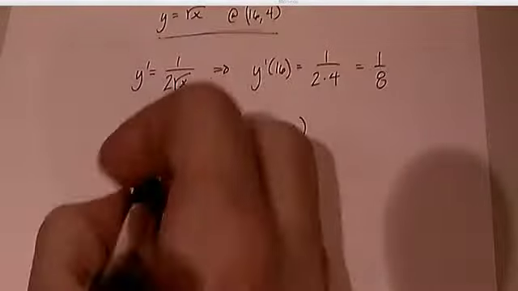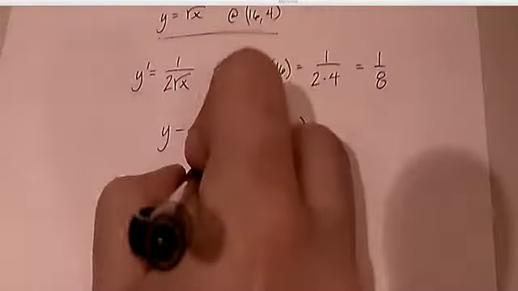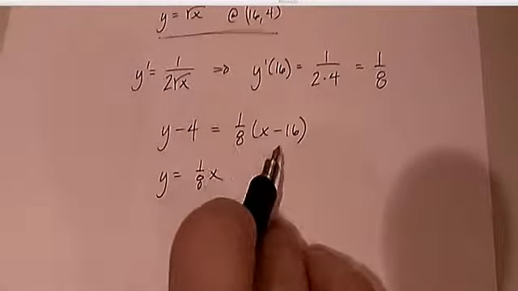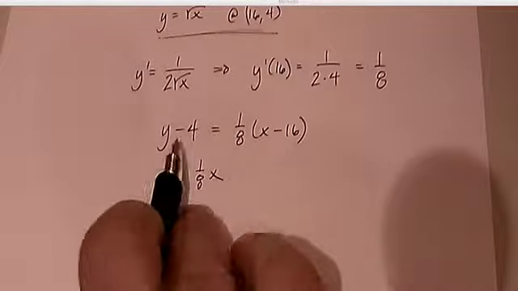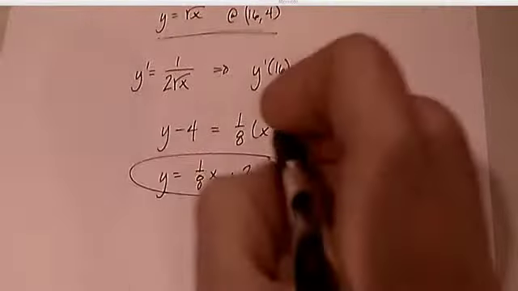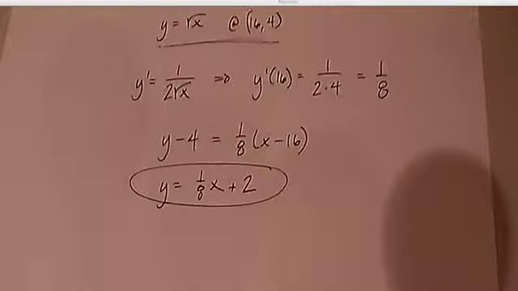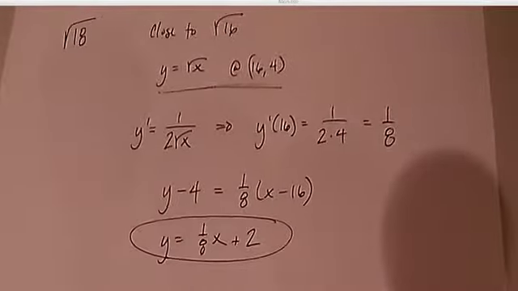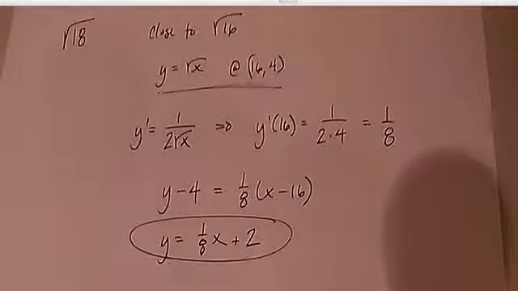If I distribute the 1/8, it's going to be minus 2. Add 4 to both sides, and it's going to be plus 2. So y is equal to 1/8 x plus 2. That is the equation of the tangent line to the y is equal to square root of x curve at the point 16, 4. Let's go ahead and see why that benefits us.